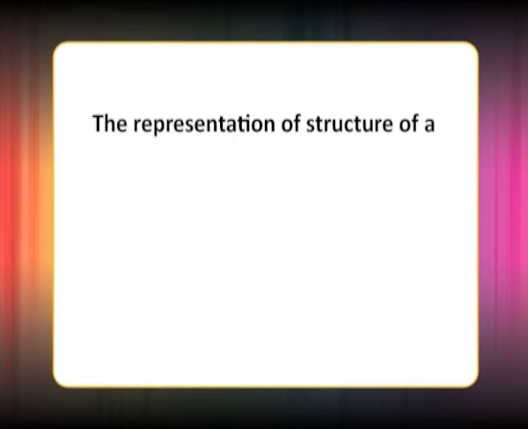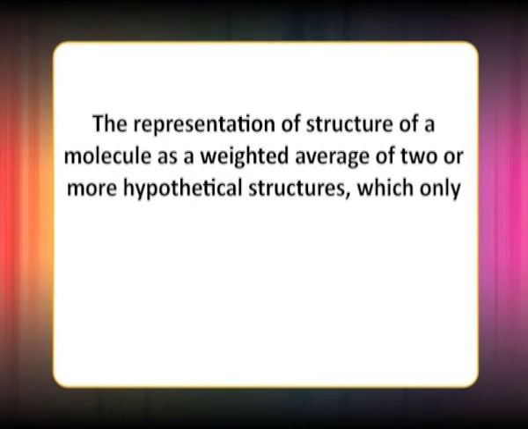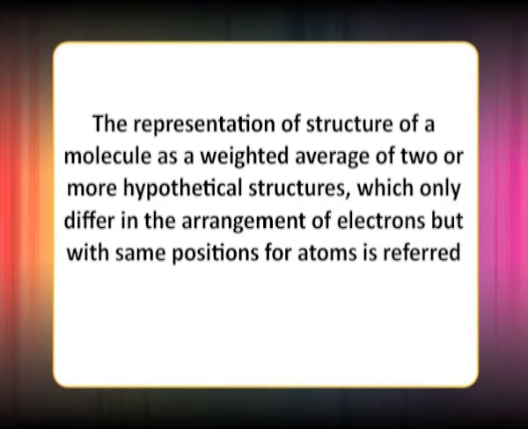The representation of structure of a molecule as a weighted average of two or more hypothetical structures which only differ in the arrangement of electrons but with the same position for atoms is referred to as resonance.